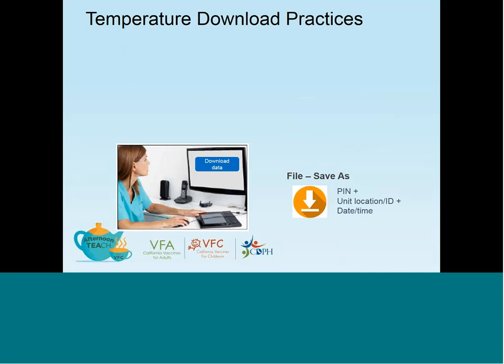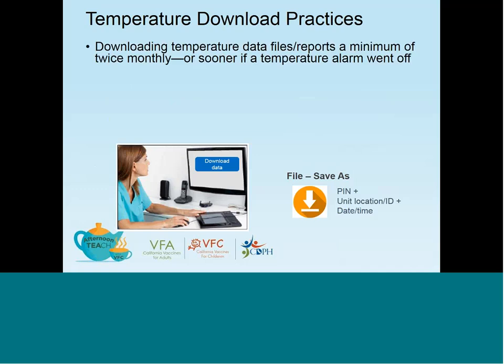We know that in the past, you may not have had to download data files. Now, downloading temperature data files and reports is a minimum of twice per month, or sooner if a temperature alarm went off. This is a VFC program requirement.